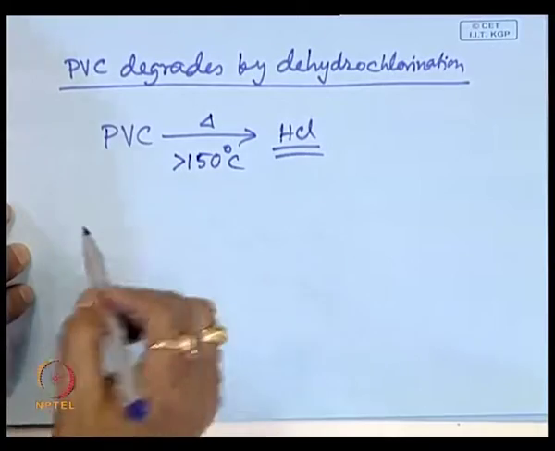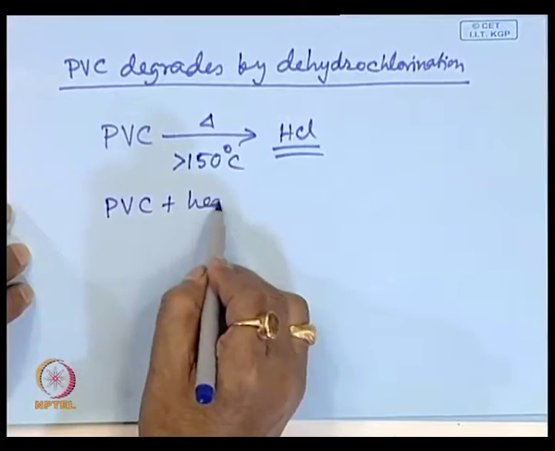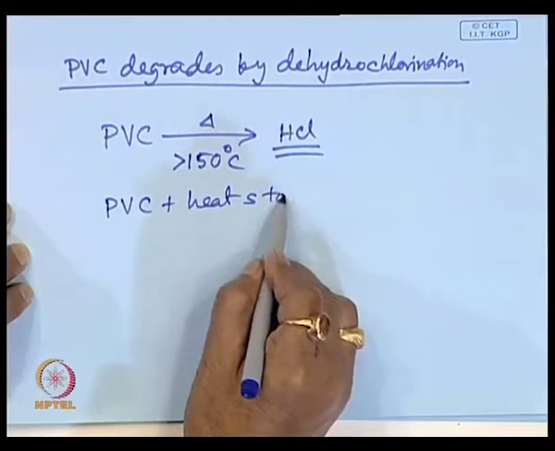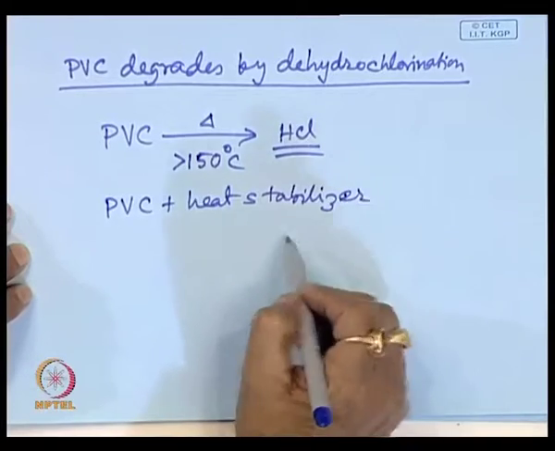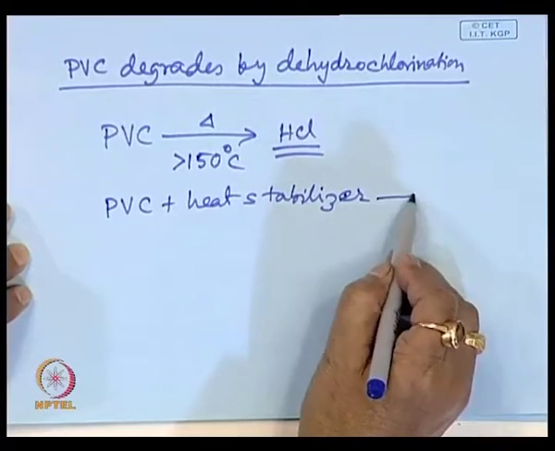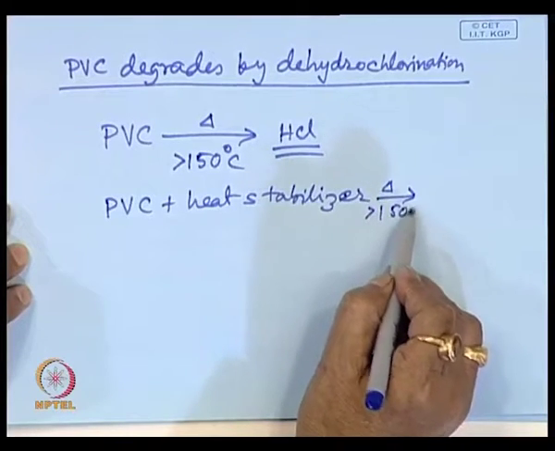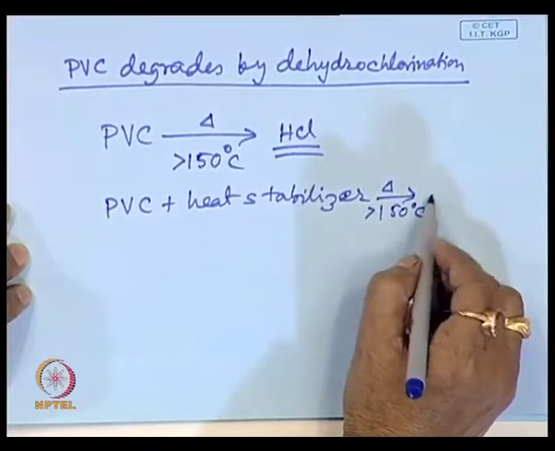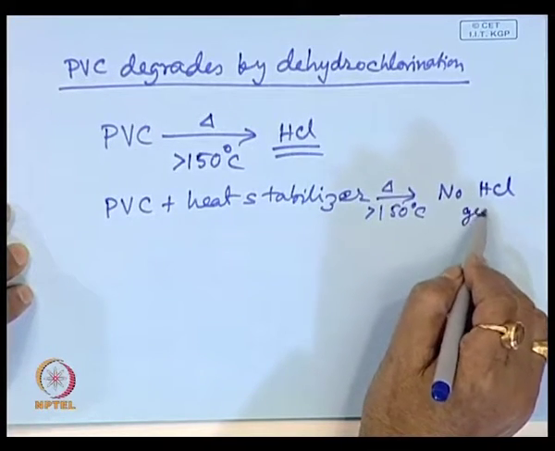So, it can be done if some heat stabilizer is added to the PVC and then heated at greater than 150 degrees Celsius, no HCl generation.